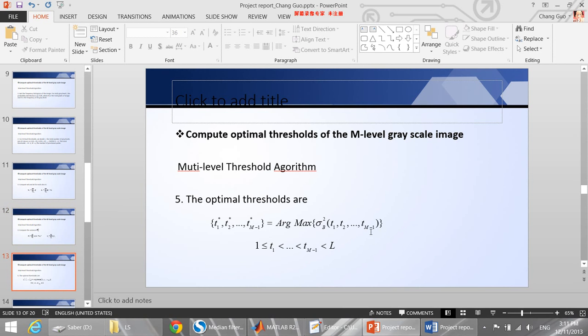Finally, we get the optimal thresholds like this. This formula means the T which lets sigma B be the maximum.